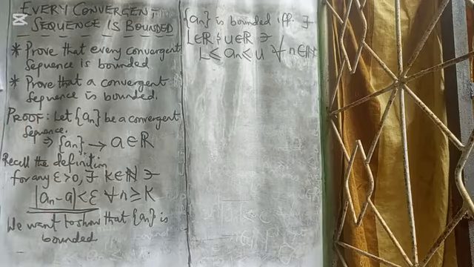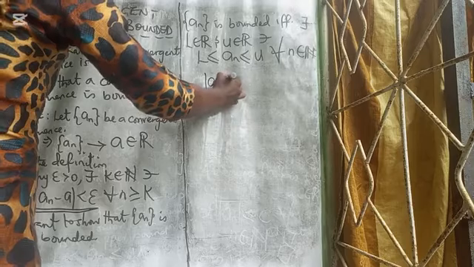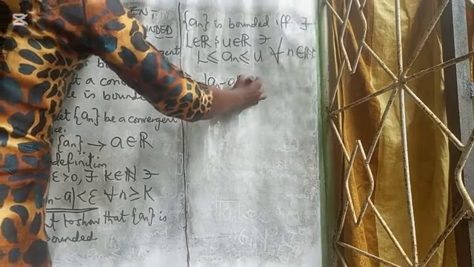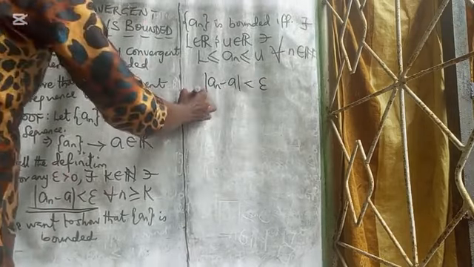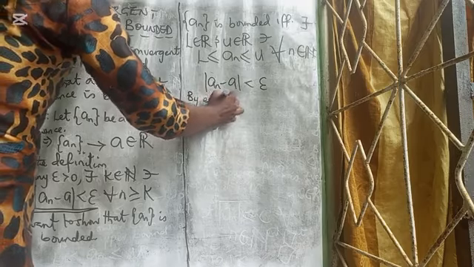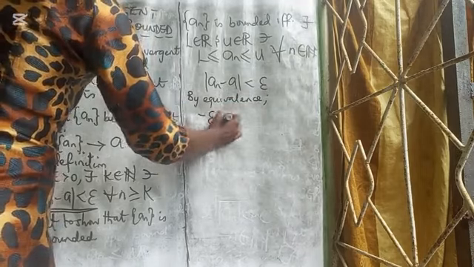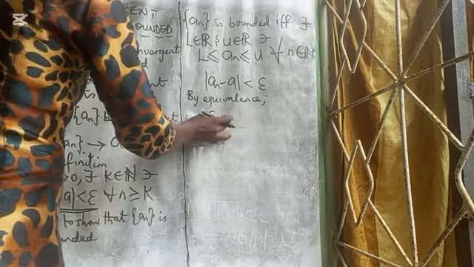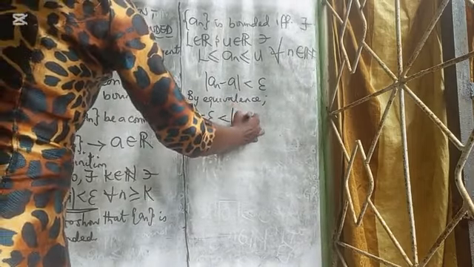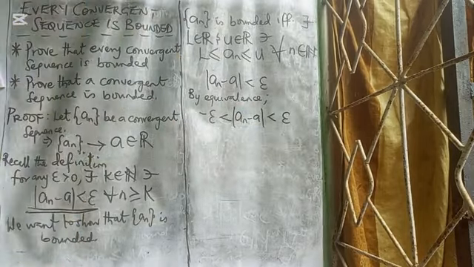That is the definition of our convergence. If that is true, the absolute value of A sub n minus A is less than epsilon. By equivalence, it means that minus epsilon is less than A sub n minus A, and that is less than epsilon.